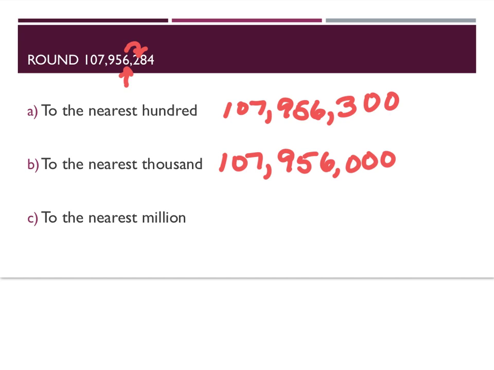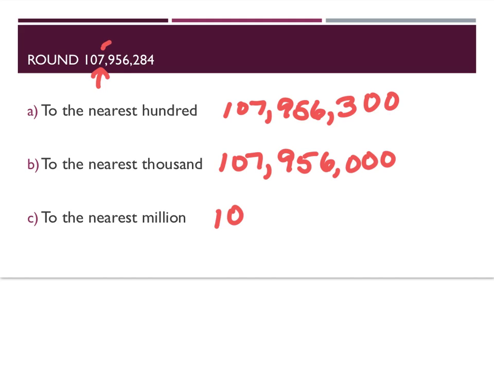The last one says, okay, what if I want to round to the nearest million? The digit that's in millions place is the 7. Everything before the 7 stays.